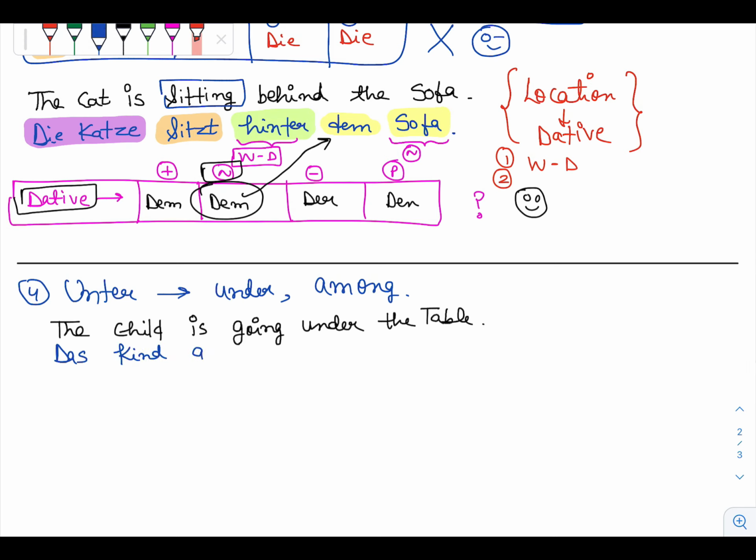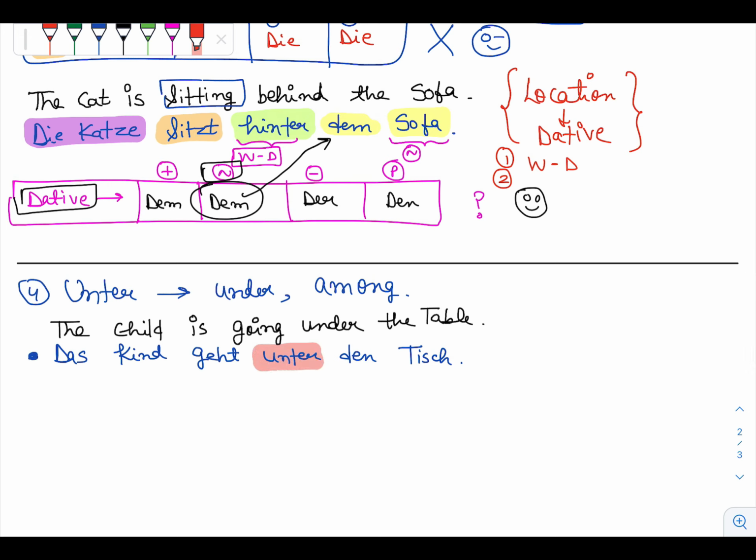Das Kind geht unter den Tisch. So every time with this type of preposition, first you need to check which preposition you are using.